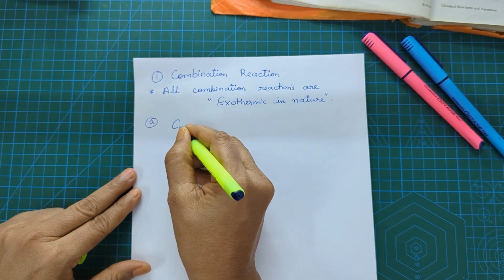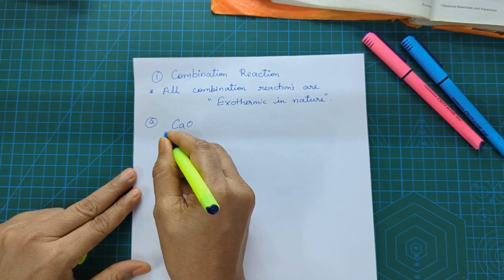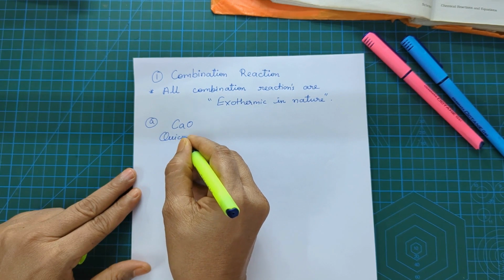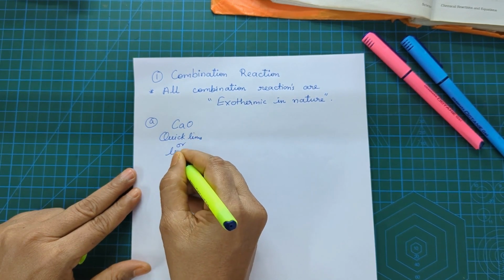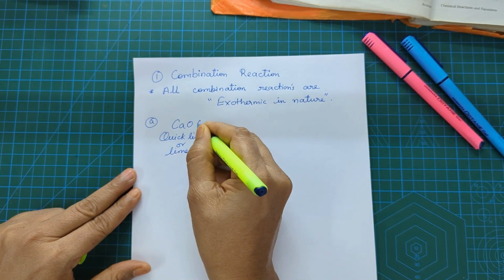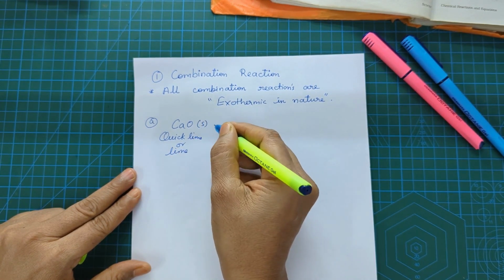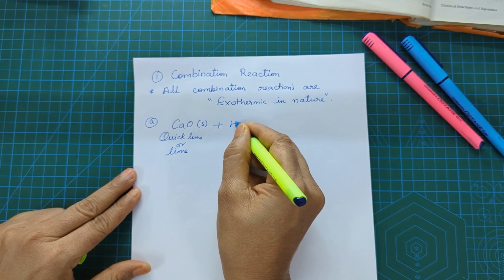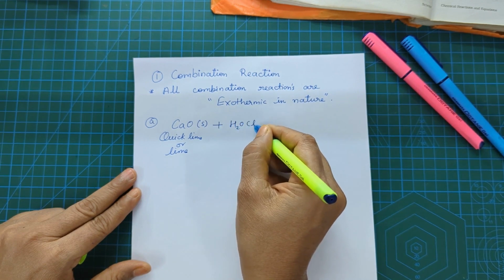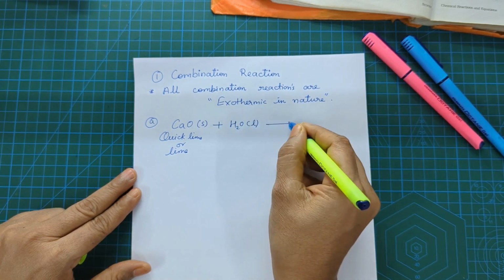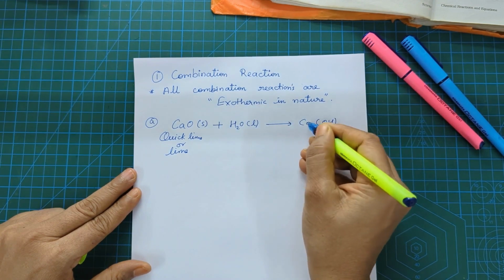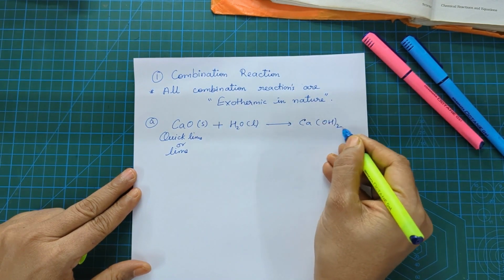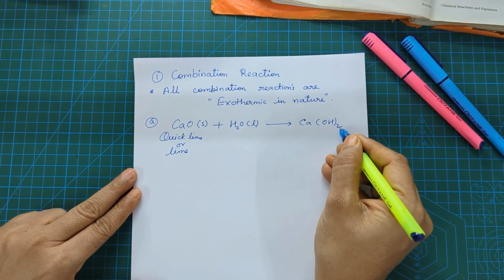Calcium oxide is otherwise known as quicklime, or just lime. Calcium oxide generally comes in solid state. When this is mixed with water, which is always a liquid, this forms calcium hydroxide. Calcium hydroxide is Ca(OH)2, calcium and hydroxyl group, two of them.